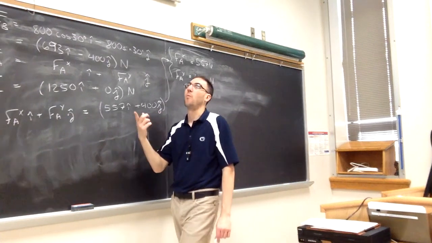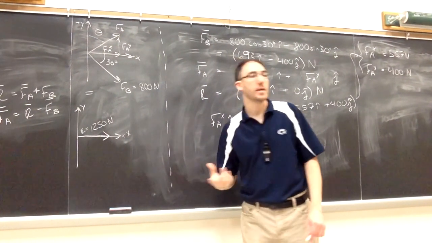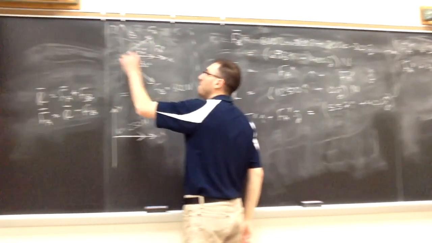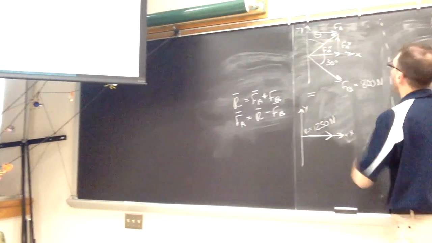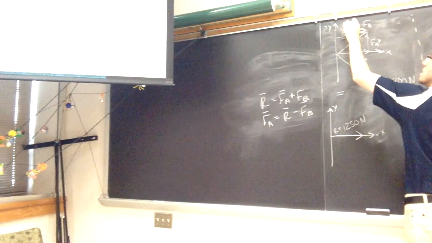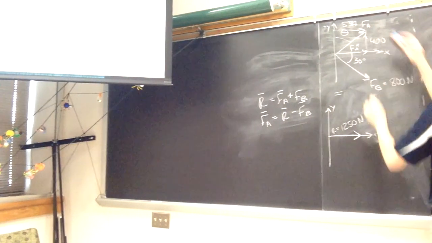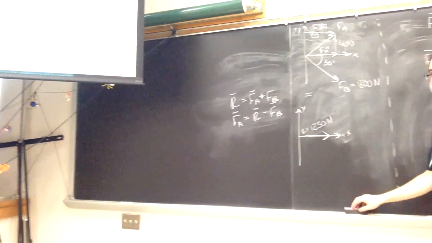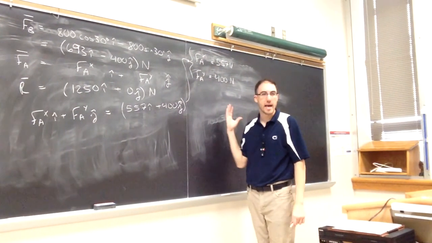Again, we were looking for what must the magnitude of this FA be and what must specifically that angle theta be. What I have found is this leg is 557, and the vertical leg is 400. Now I can find the magnitude easily because I know how much is in the x, how much is in the y.